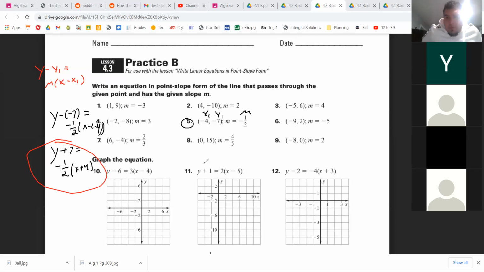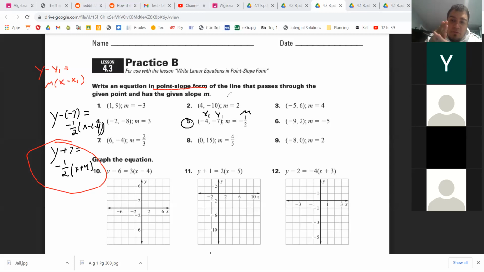Now, graphing point slope form, you're kind of doing the opposite this time. Wait, don't you have to solve it? Write the equation in point slope form. So that is one. That is point slope form. If I ask you to then change it into standard form, which we'll do in the next section, or slope intercept form, which is what we did in the previous section, then you will have to continue.